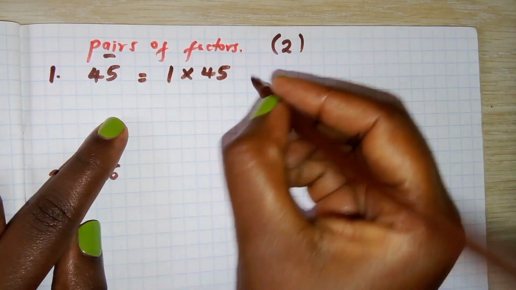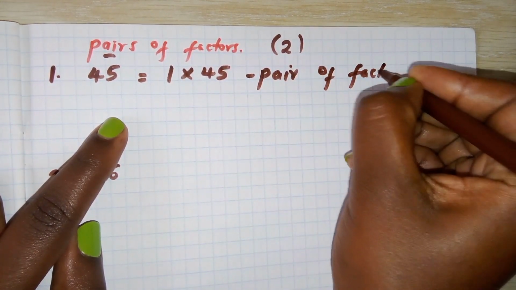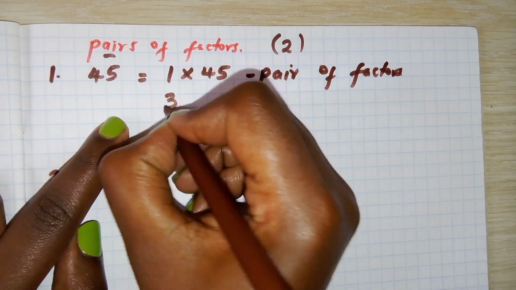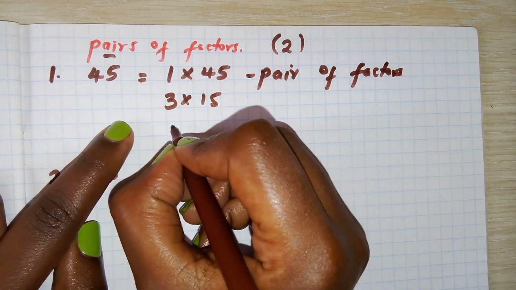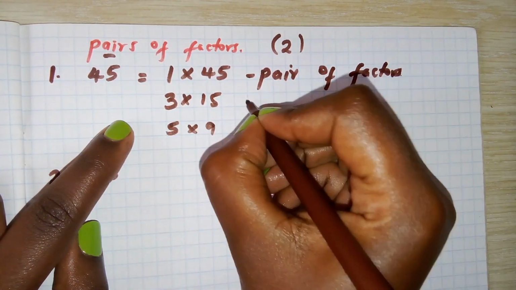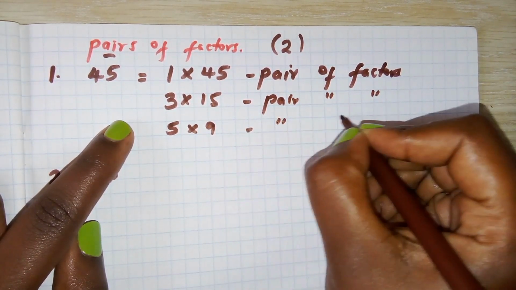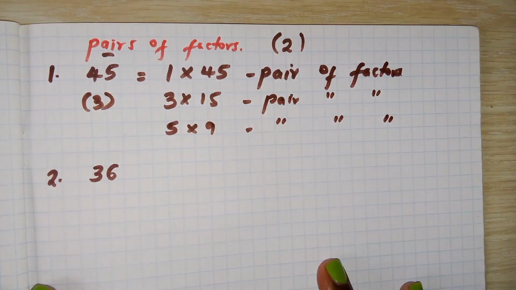So 1 and 45, that's a pair of factors. Another pair, so they come in two: 3 times 15 gives you 45. And the last one is 5 times 9. So this one has 3 pairs of factors.